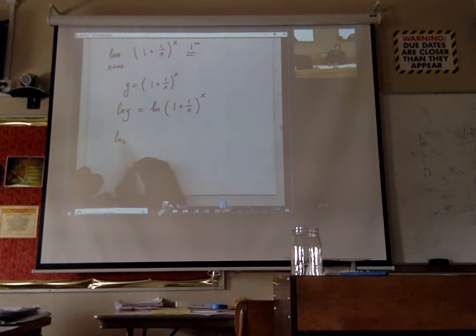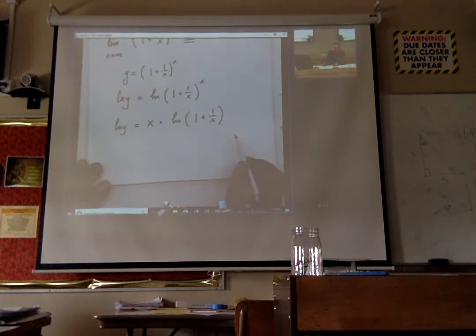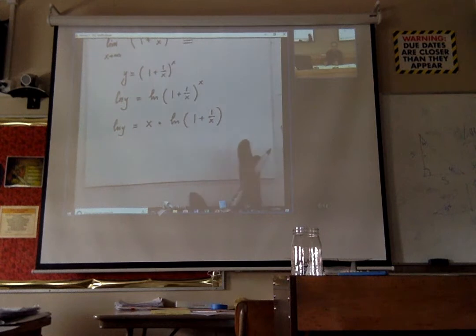So we're not working on the limit yet. Now, according to the property, I can bring x down. So it's just x, whatever is here is just in front, then times natural log of 1 plus 1 over x. So we kind of work with the function separately. Now we will go back to the limit.